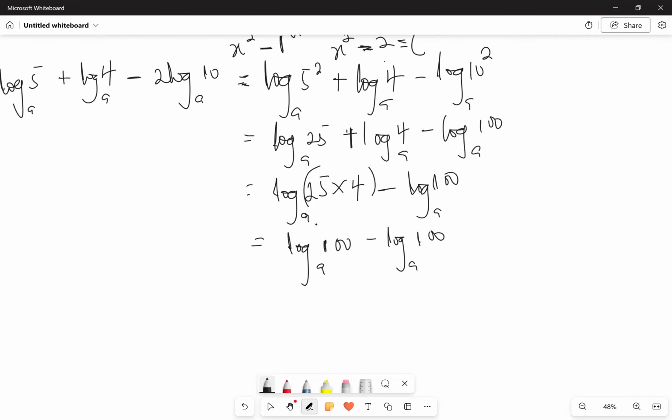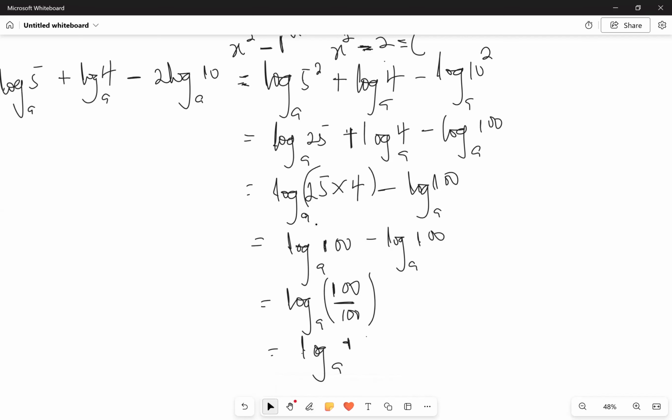Right? What happens? Oh, the same base, they are subtracting. So what happens? That'll be log what? The same base. Then you divide because they are subtracting, 100 over what? 100, right? That'll be equal to log to the base of 100 over 100, which is what? 1, right?